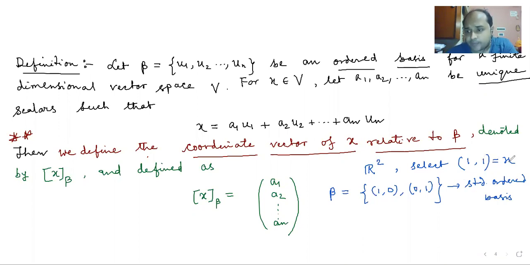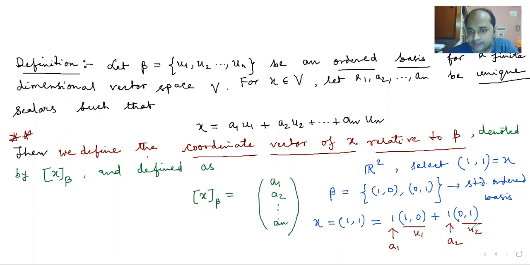Now I'm going to express this x in terms of these basis vectors. You know very well that x = (1, 1) can be expressed as 1 into (1, 0) plus 1 into (0, 1). So in this particular case, this 1 is your scalar a1, this 1 is your scalar a2, and this is your u1 and that is your u2.